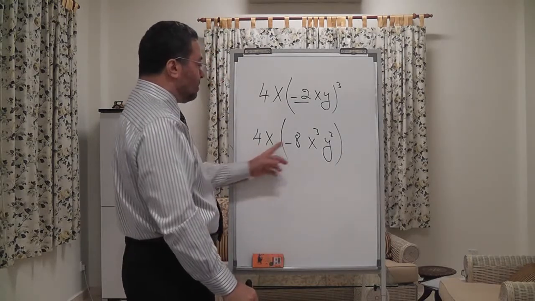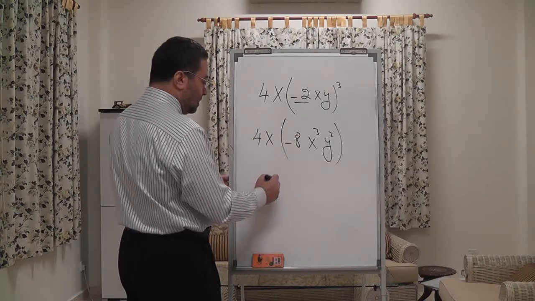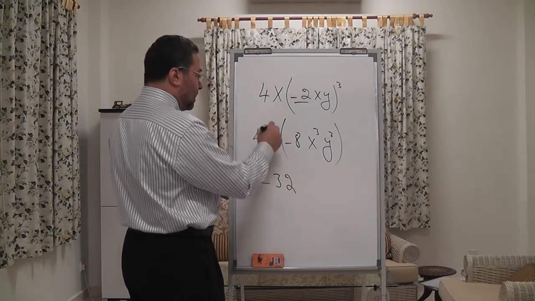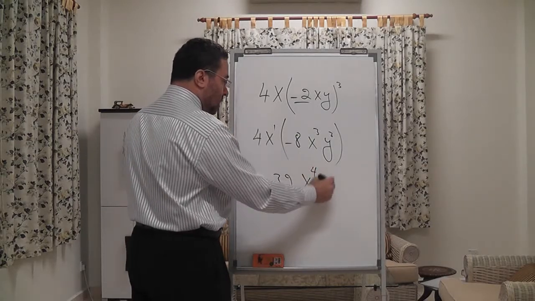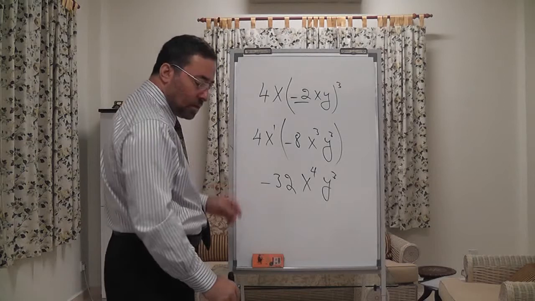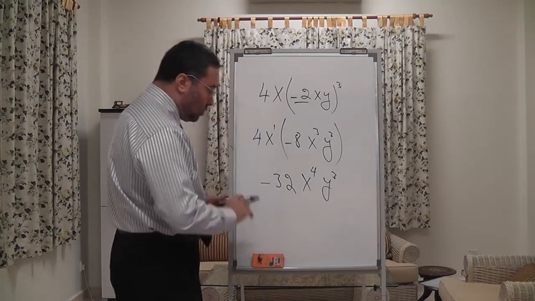Now we have this number multiplied by this number. 4 times minus 8, that's minus 32. X raised to 1 times x cubed, that's x to the 4th, and y cubed. And that's the answer. Next will be number 32.